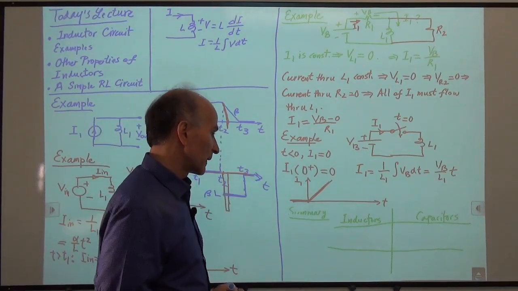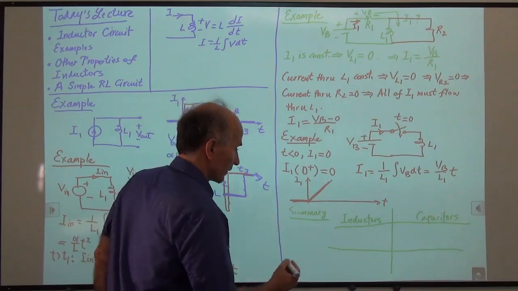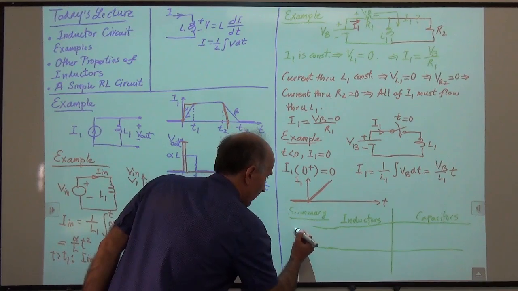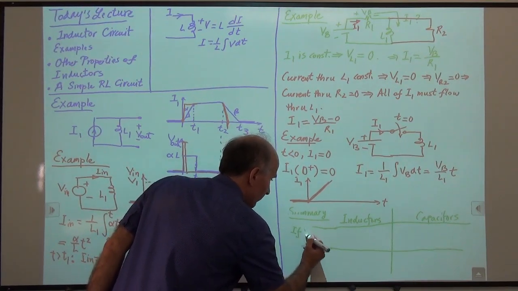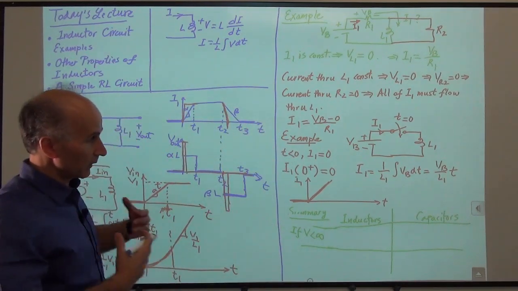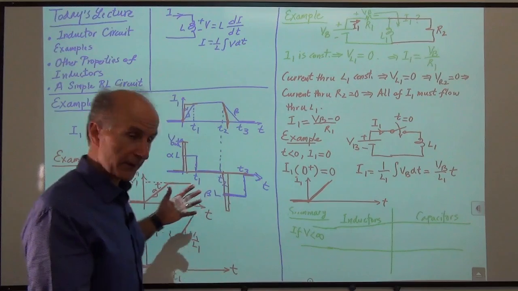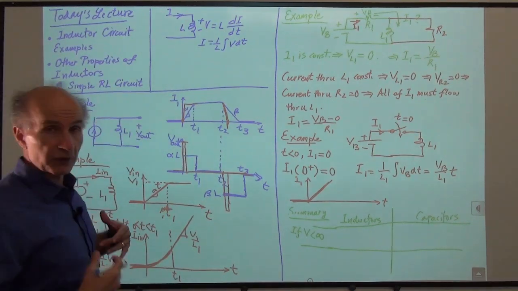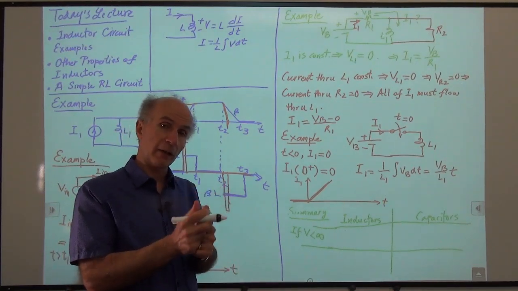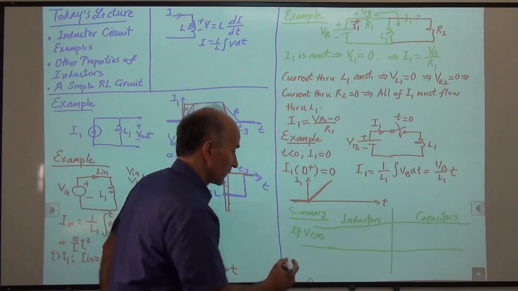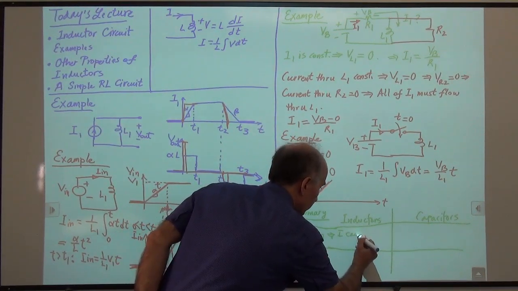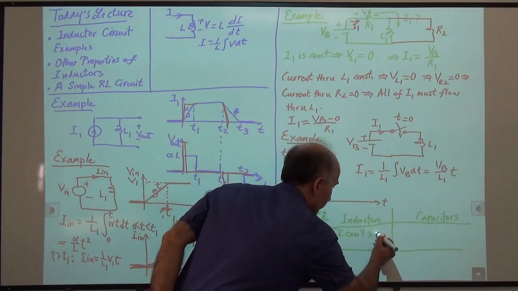All right, so for inductors, if V is less than infinity, right? If the voltage that we can give to the inductor from outside, whatever it is, is not infinite, then the current through the inductor cannot jump instantaneously. So we say I can't jump.